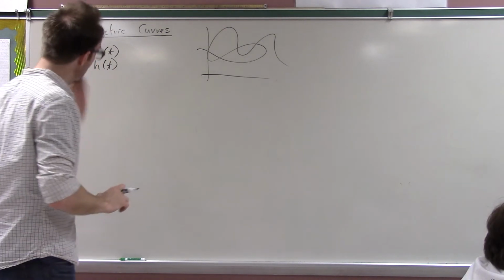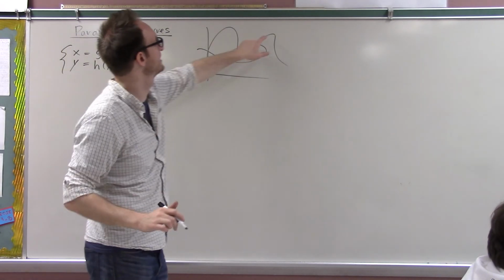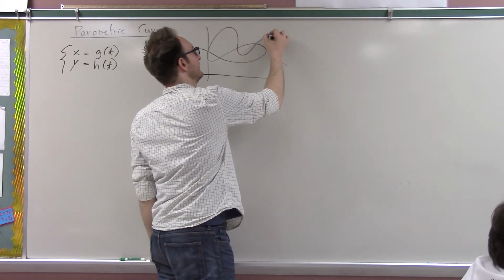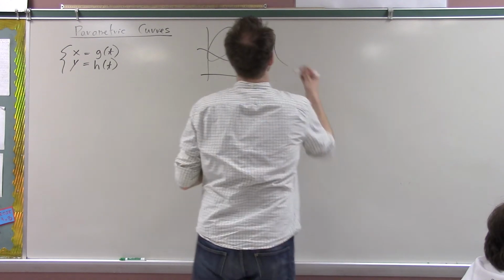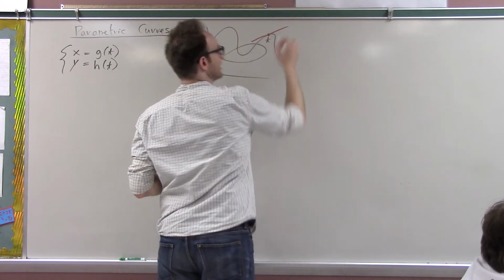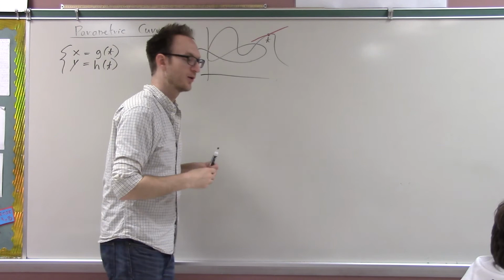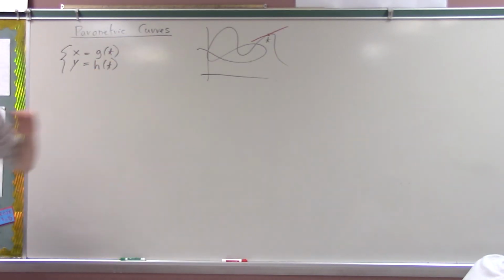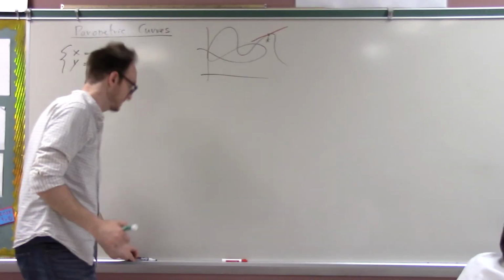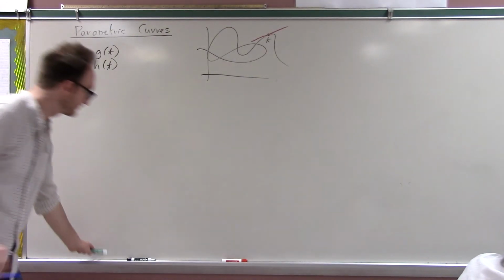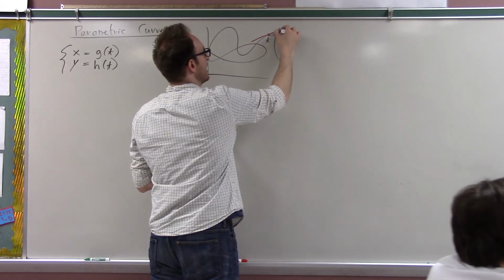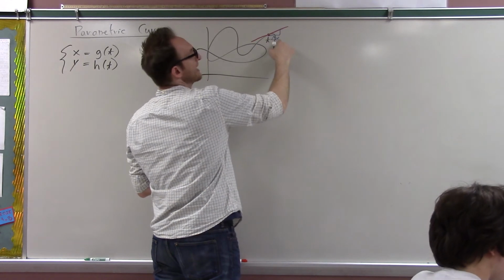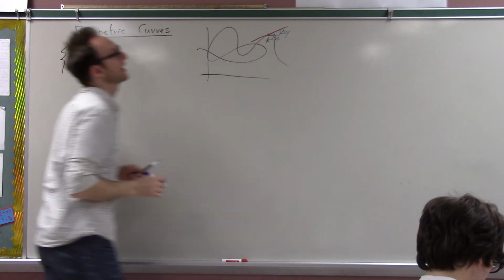What I want to know is the slope for a given t value. I'd like to calculate the slope of the tangent line to this curve. When I talk about the slope, I mean: if I go up a little bit in the x direction, by how much will I go up in the y direction?